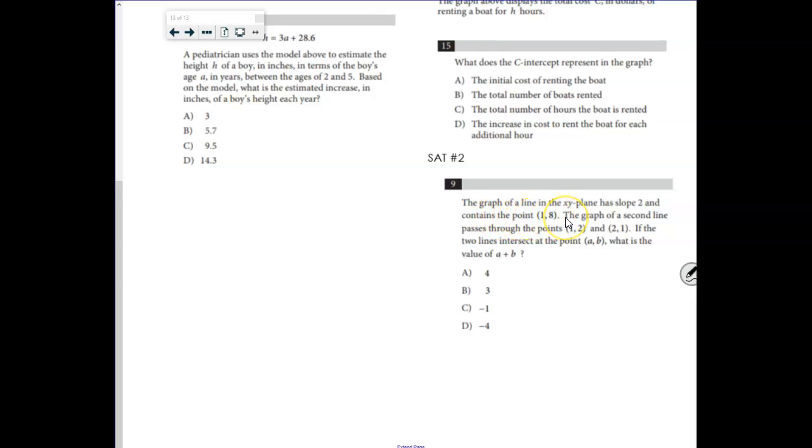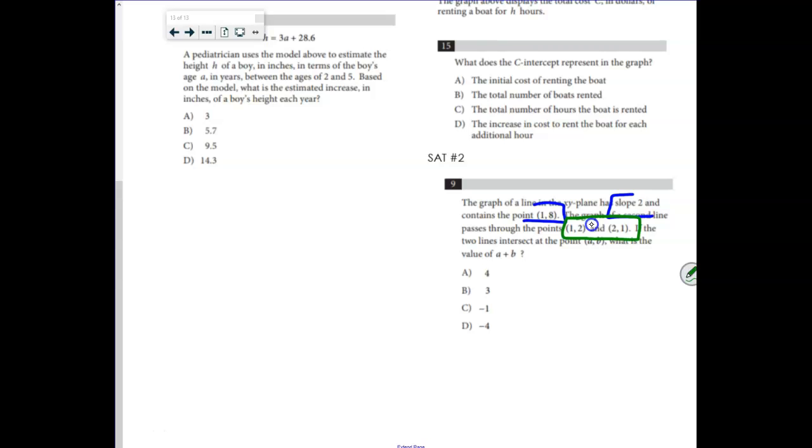The graph of a line in the XY coordinate plane has a slope of 2 and contains the point 1,8. So right here, you got a clue about slope and a point. That feels a lot like what we just did. And then there's another line, and the clues they give me are that it goes through these 2 points. So again, that feels a lot like what we just did.